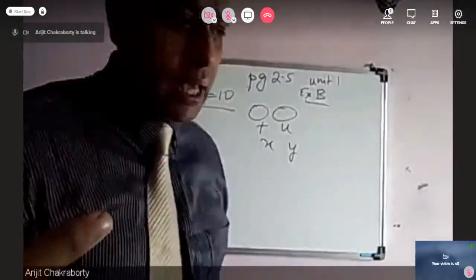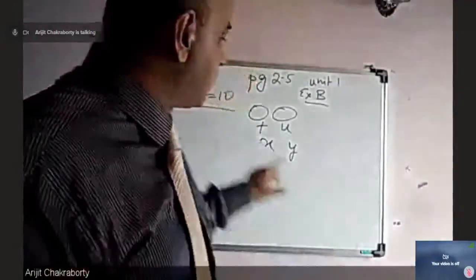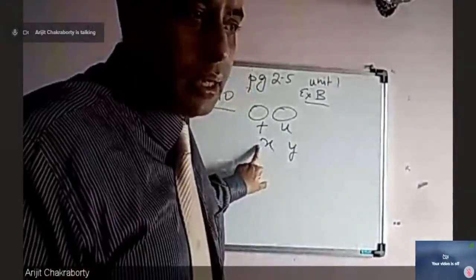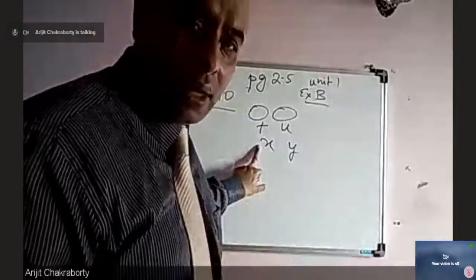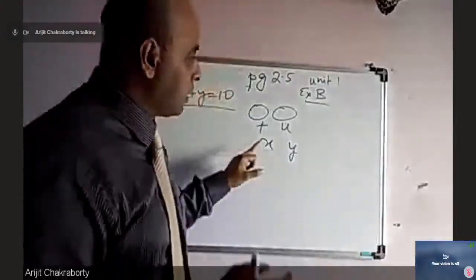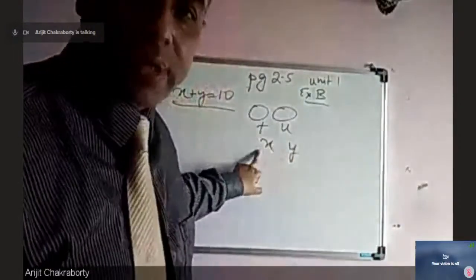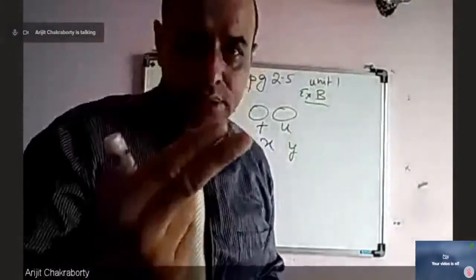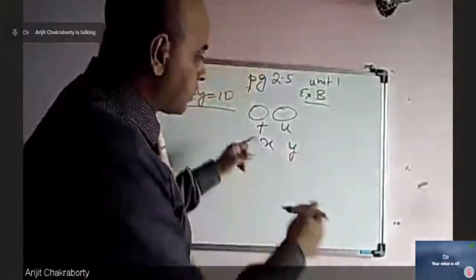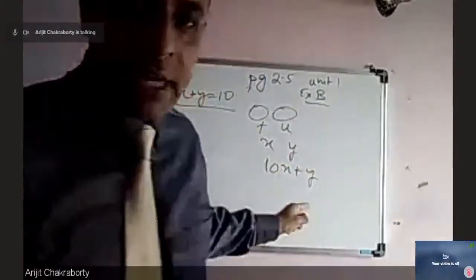Now they're saying that if 18 is subtracted from the number, it will become equal. Both the digits will be equal. So if y is there in the units place and x is there in the tens place, then what is the number? This is your intelligence. This is your application. So the number will be 10x plus y. Why 10x plus y?